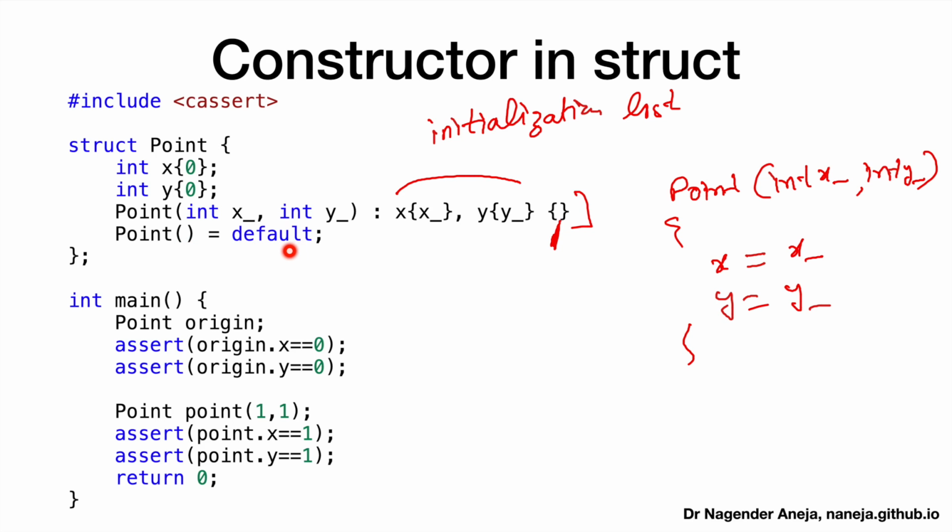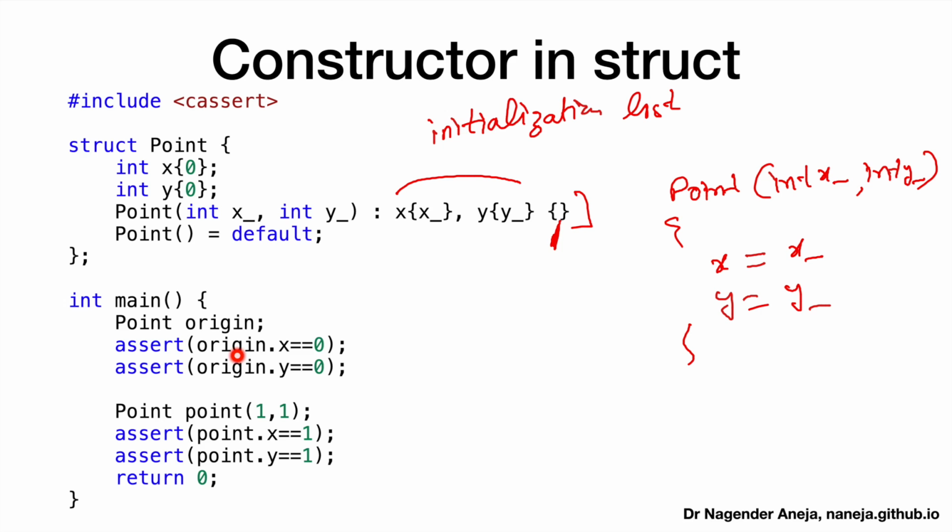The default constructor will create an object with the values we have initialized. For example, here we say Point origin. When we say Point origin, it means that we have not called the constructor here. So the default constructor will be called, which means 0 values will be assigned, and we can check whether these values are indeed 0 or not.